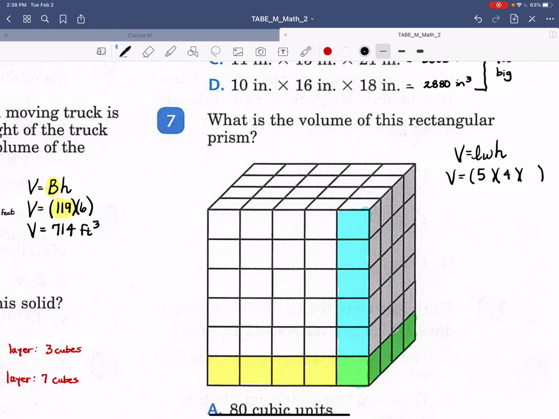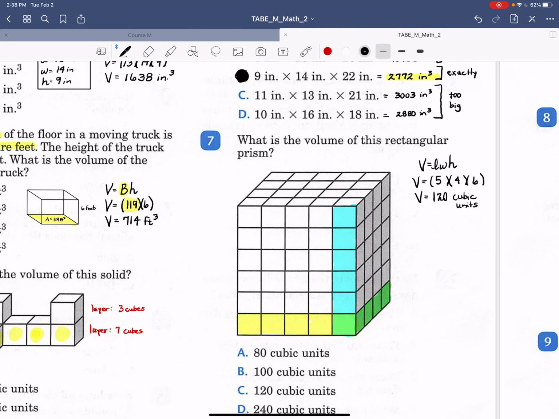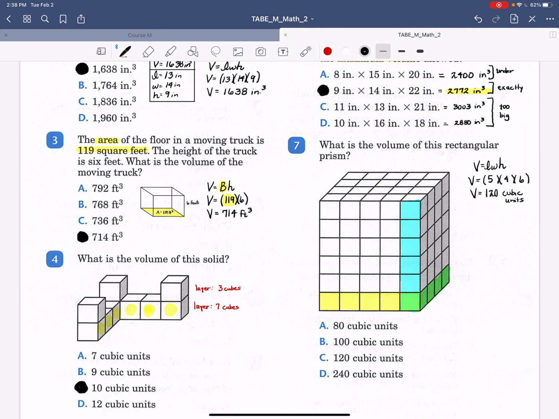It is 6 blocks tall. So you can count the blocks and then multiply. Even though I can't see all of them, I can tell you how many are there. There are 120 cubes in this composite figure. I can't see them all, but I know they're there. So number 7 is C.